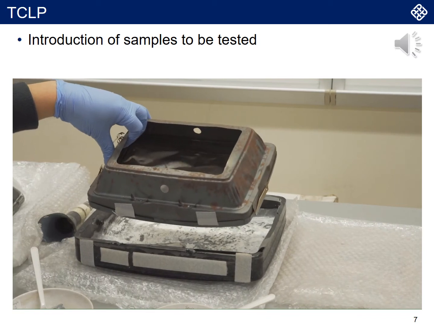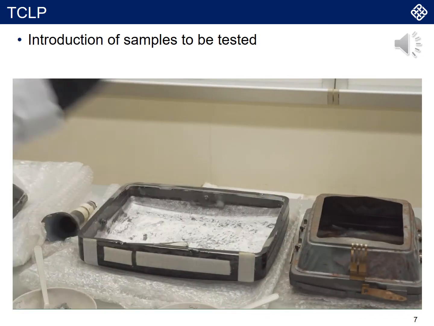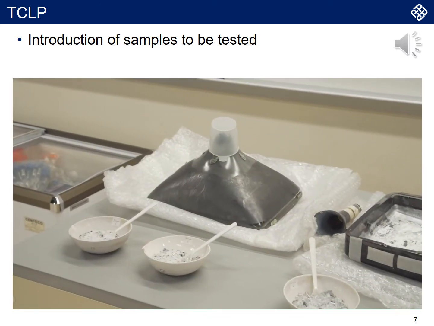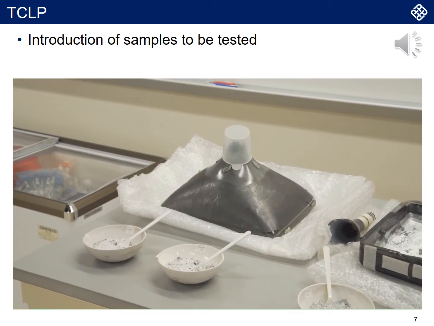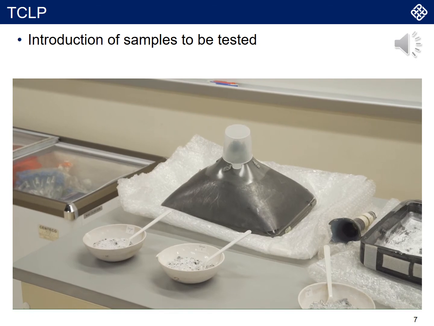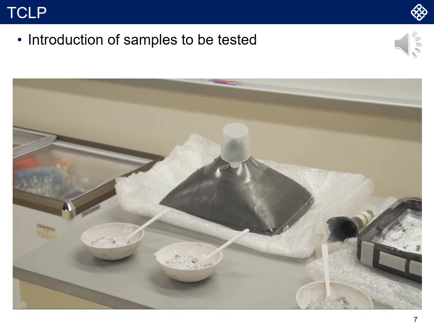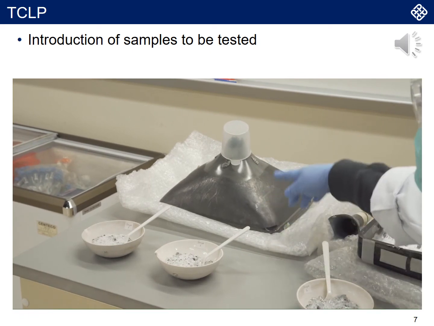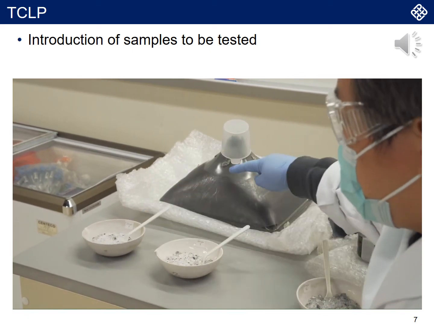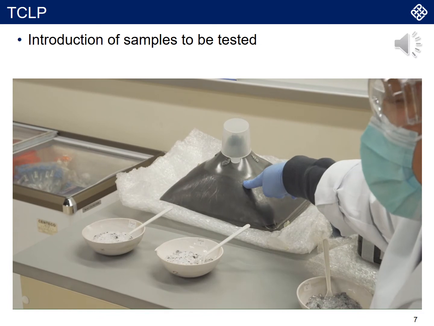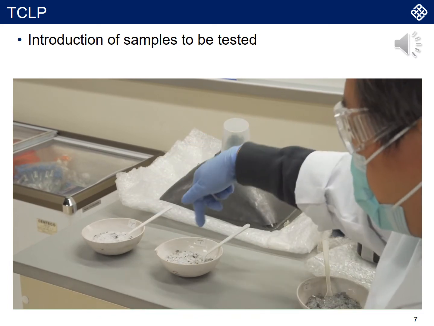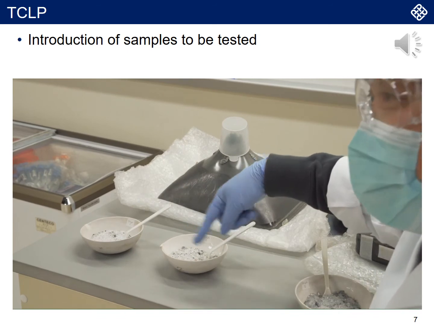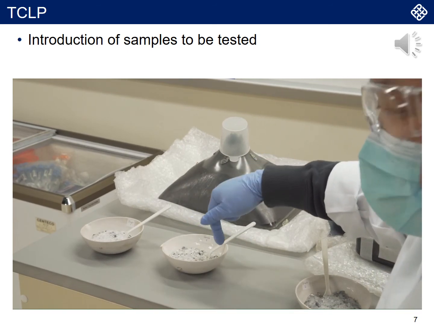Before we do the experiments, we need to separate all those things into pieces, and then use a hammer to crush it into fine powders. Basically you can see the powder from different compartments, and it looks like it has a lot of glass.